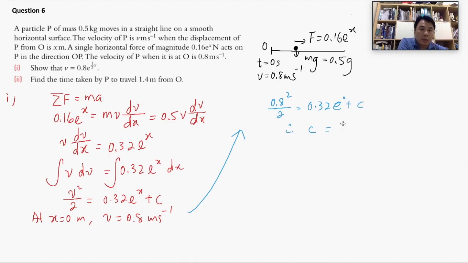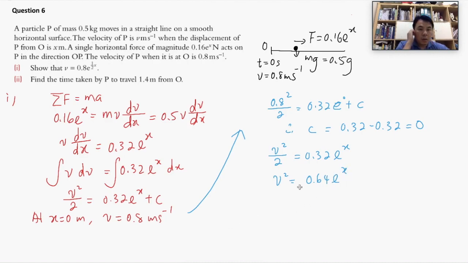Therefore, c is equal to 0.32, 0.64 over 2 is 0.32, so 0.32 minus 0.32, which yields 0. Therefore, we can write the equation for the velocity as v squared is equal to 0.64 e^x.